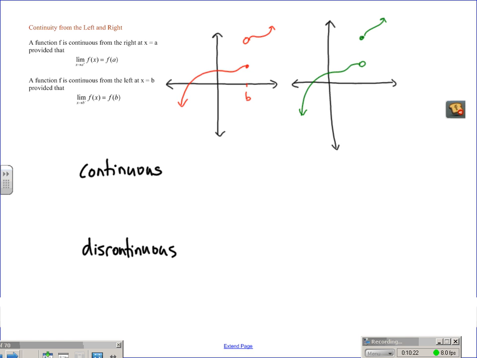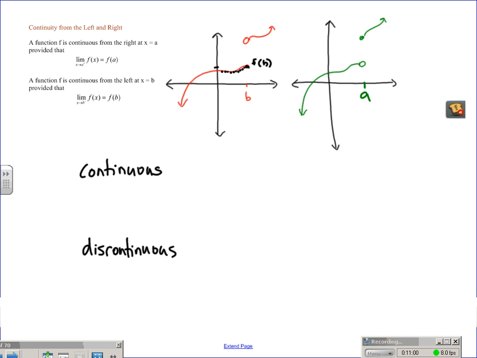And of course, we're talking about continuous and discontinuous at points B, and we're going to call this one point A. Okay, points B and A here that we're talking about continuity at those points. So on the first one, it is going to be continuous from the left-hand side, because as you move here from the left-hand side, we do approach this value f of b. The y value that we produce is f of b.